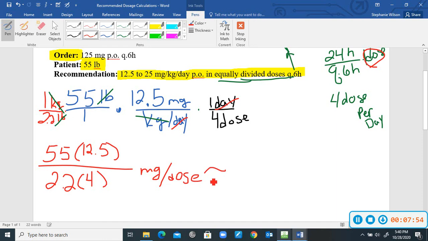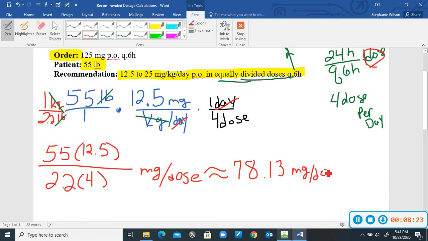And I'm going to do approximation because I'm going to round to the nearest hundredths. So 55 times 12.5 divided by 2.2 times 4 gives me 78.13 milligrams per dose.